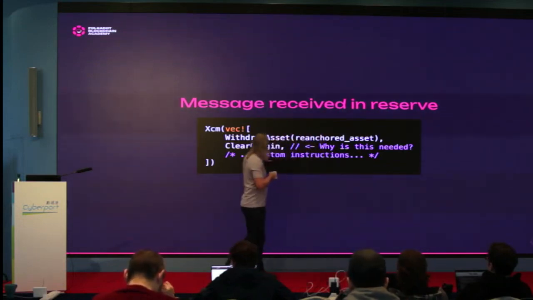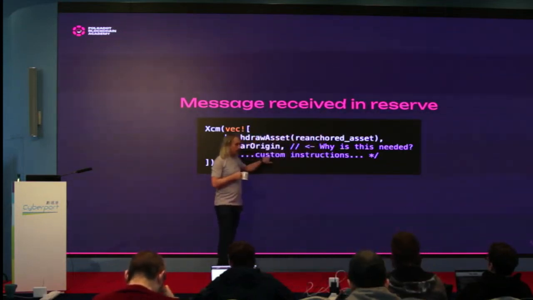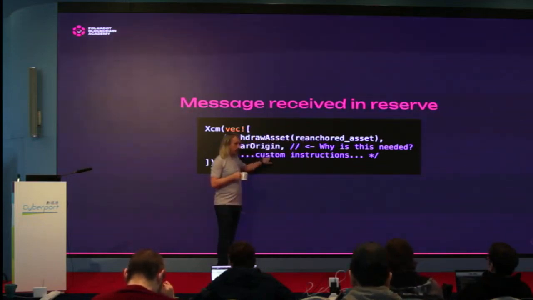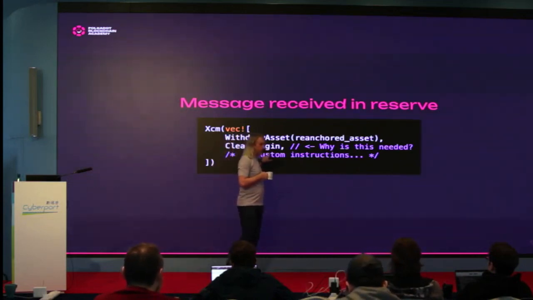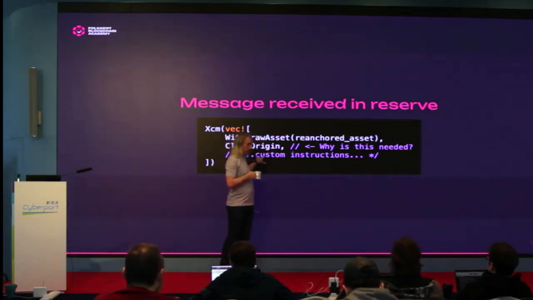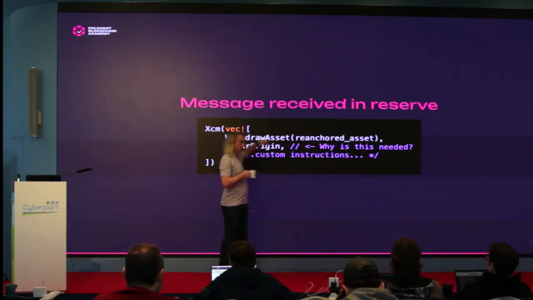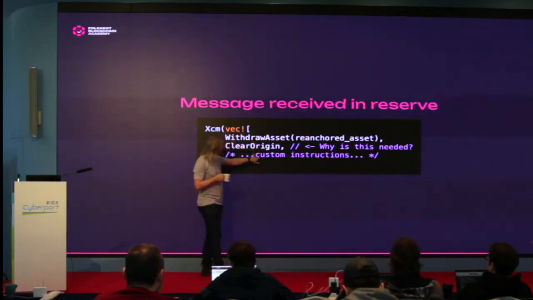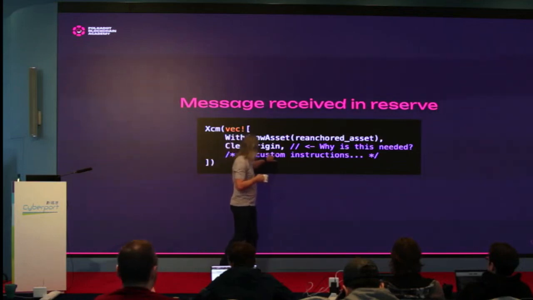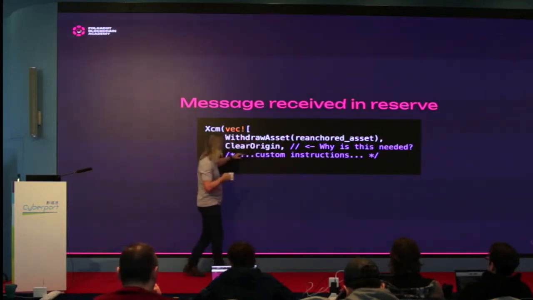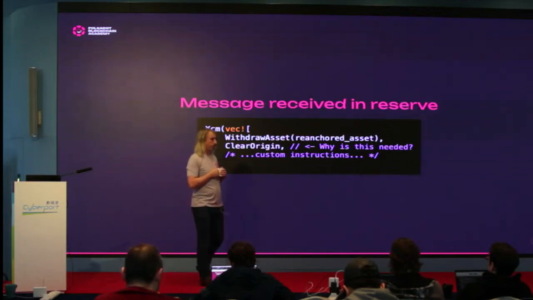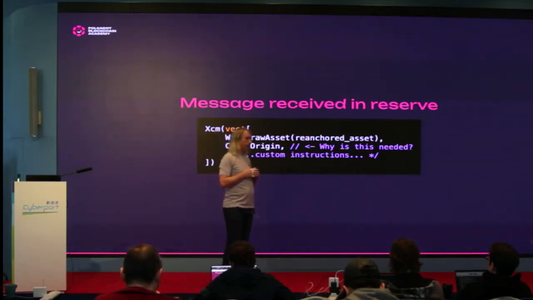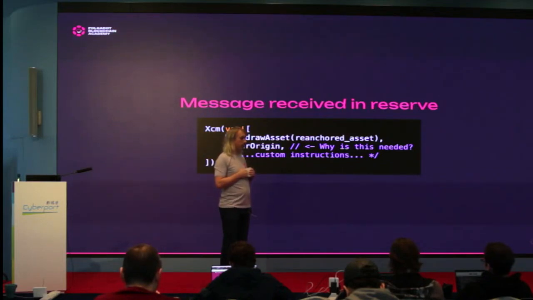Indeed, these instructions are verbatim. They're not changed, not even by re-anchoring. These are supplied by the user at the point of message initiation, way back on the sender. And they're not changed. They just arrive here, inserted into this message. Yes. But what if we also want to get, okay, for example, Alice is constructing those messages, right?